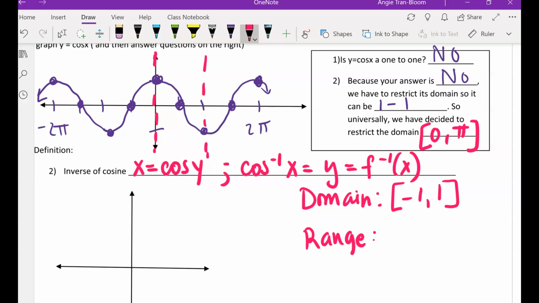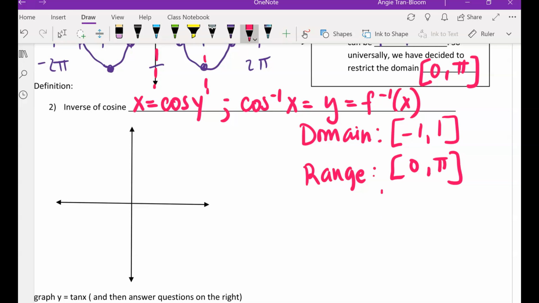Now, what is the range of our cosine inverse? 0 to pi, inclusive, right? Okay. Now, I will also ask you the quadrants of cosine inverse. What two quadrants is cosine inverse bound to? 1 and 2, okay? Because it goes from 0 all the way to pi. So 1 and 2.